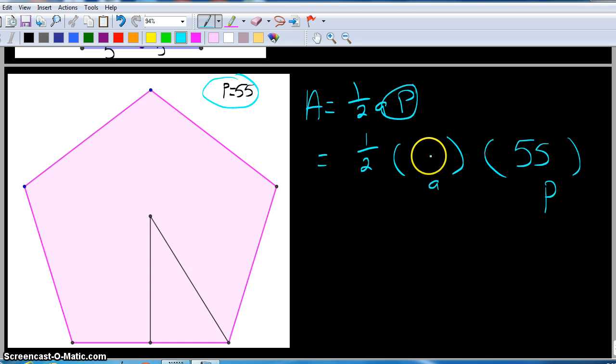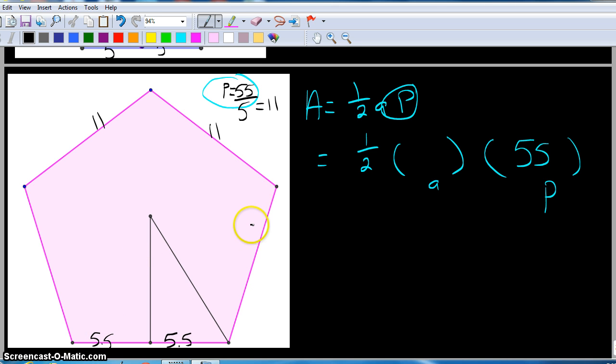I need to find the apothem. Now remember, there are 5 sides here, so I'm going to divide this by 5. Each side is 11. That's 11, 11, all the way around 11. So all of this is 11, except I need half of that, because I don't want the full 11. And half of 11 would be 5.5, so this is 5.5, each of these pieces.